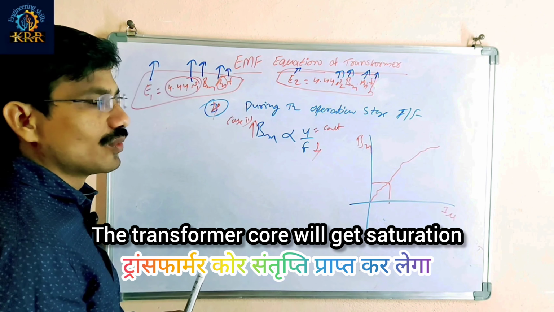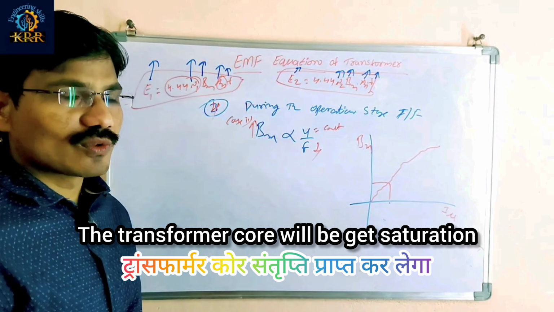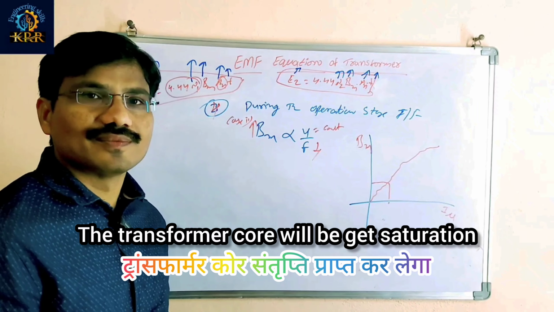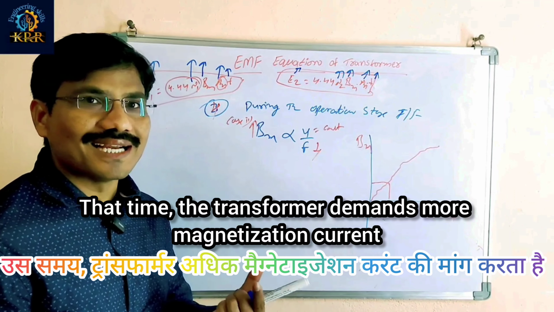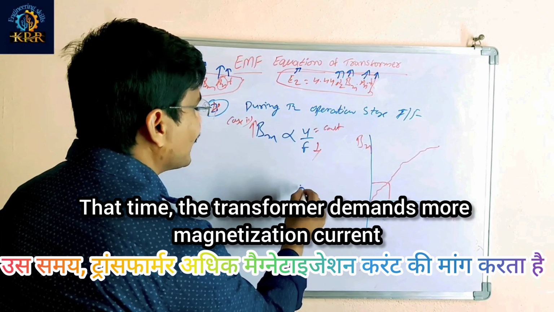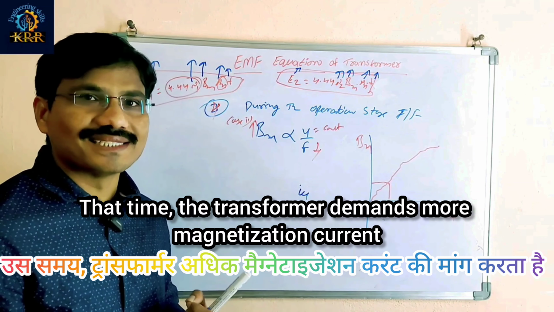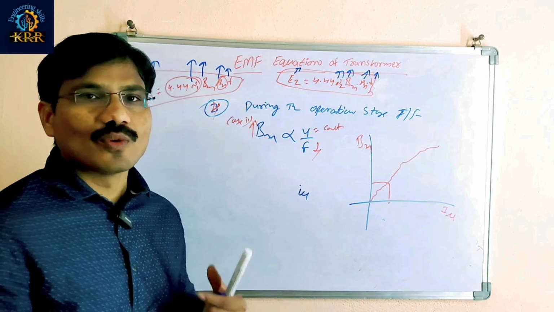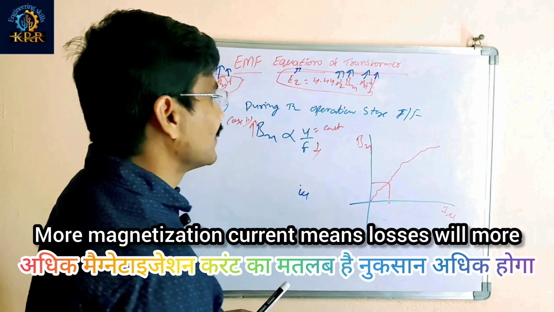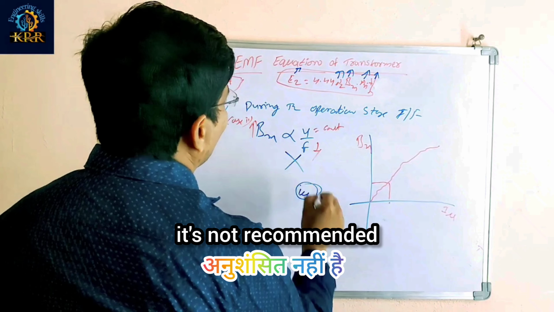That time the transformer demands more magnetization current. More magnetization current means losses will be more. This operation is not recommended.